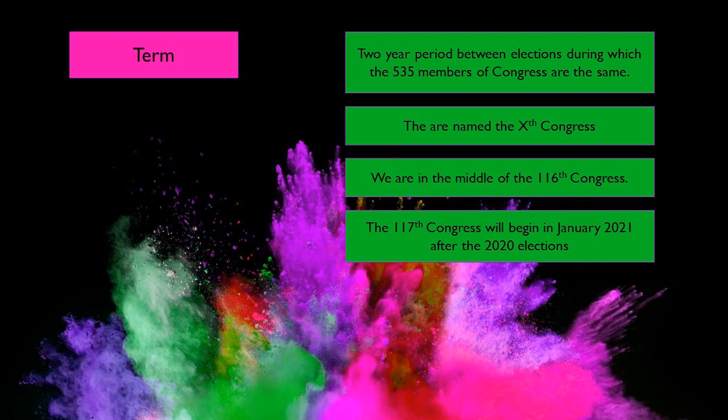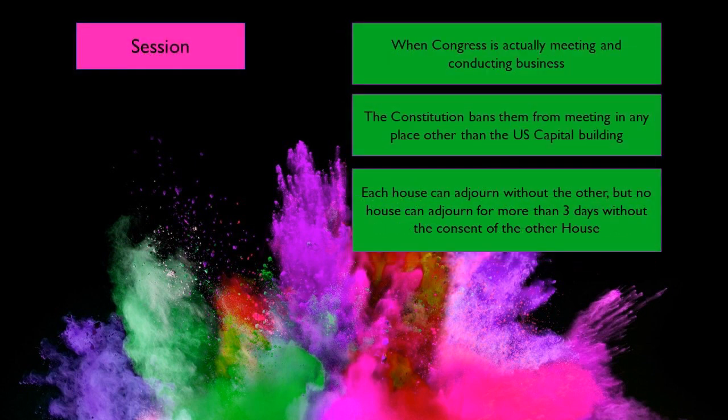So right now we are in the middle of the 116th Congress, or I guess we're almost at the end of the 116th Congress. And after the 2020 elections, the beginning of January, we will start the 117th Congress. So each term lasts 2 years, and it is the period where all of the elected members of Congress are the same. Inside of the 2-year term, we might have sessions.